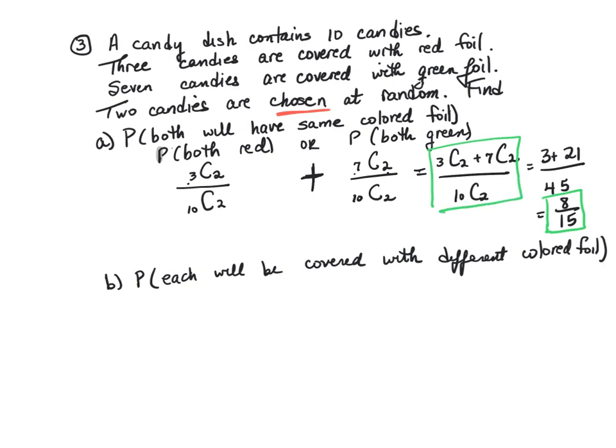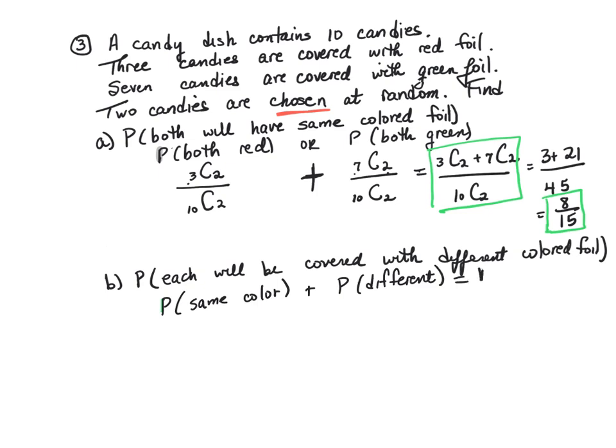So here, if we want them to be of different color, then consider that the probability that they are the same color plus the probability that they're different colors would equal 1.